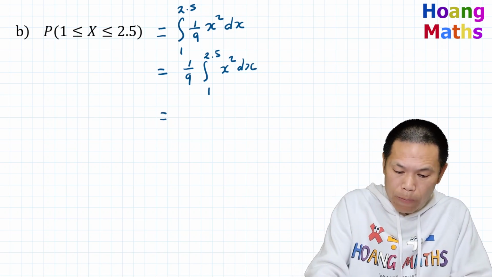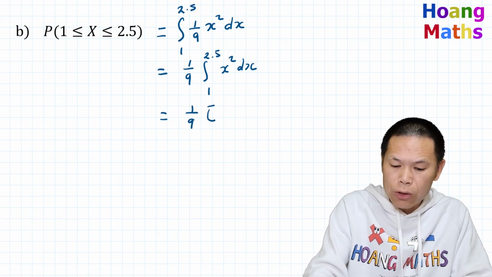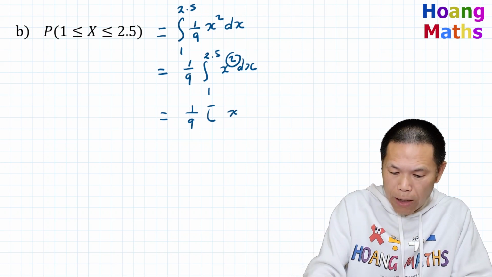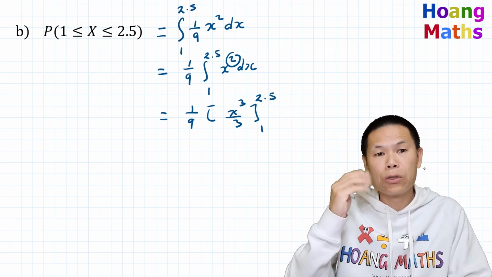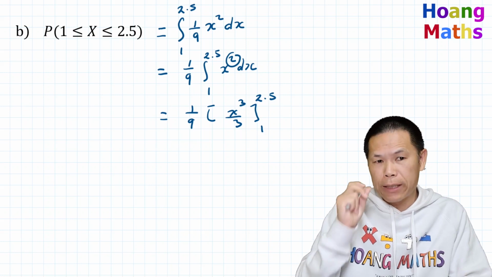That will give me 1 over 9, and then we integrate. 2 plus 1 gives me 3, so x to the power 3, and then we divide by 3, from 1 to 2.5. Now we replace x with 2.5 and then minus x replaced with 1.